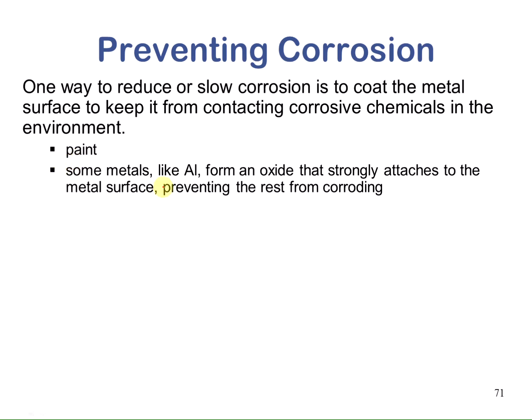Or some metals like aluminum form an oxide that strongly attaches to the metal surface, preventing the rest from corroding. So once you've got that oxide layer on the surface, it protects it from forming any more oxides and any more corrosion. But the problem with iron oxide, the rust, is that it's very brittle and often flakes off, and eventually you get a hole in something. Like if you have a truck sitting outside, eventually the rust will eat through and make a hole in the side of the metal.